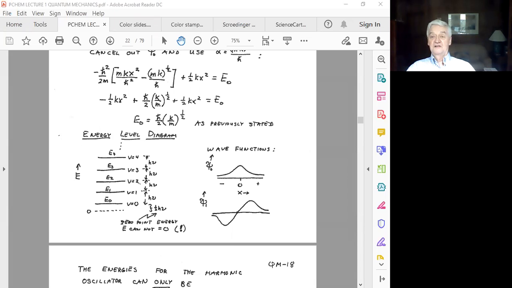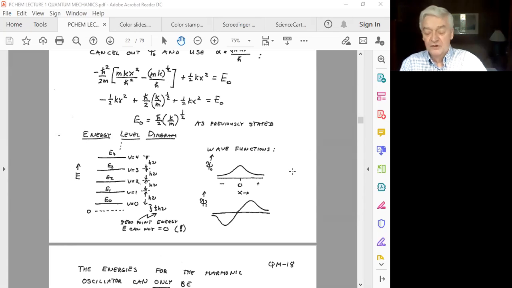I have a chat question. Let's see if it's relevant. Rachel asks, how do you find the corresponding psi values? Those are solutions for the Schrodinger equation, and as I promised you, I would not make you do that. So when we're going to look at particular solutions, like I just did here for the harmonic oscillator, I will typically give you at least the wave function and maybe wave function and energy levels.